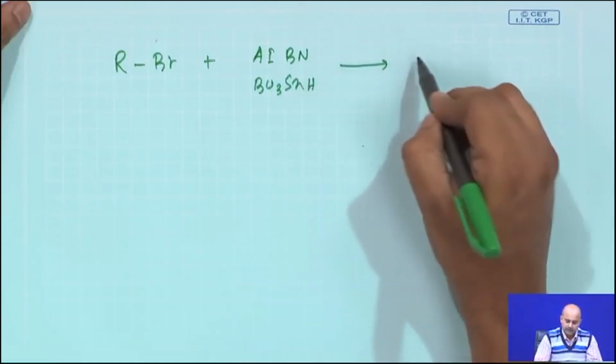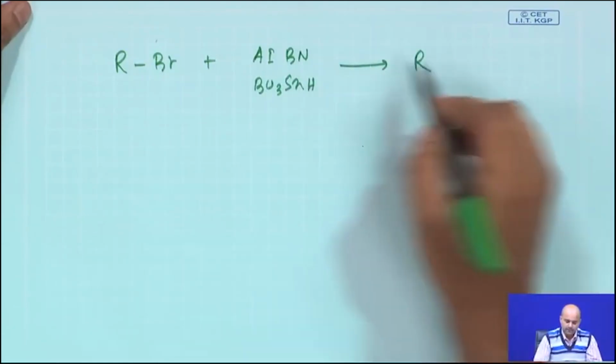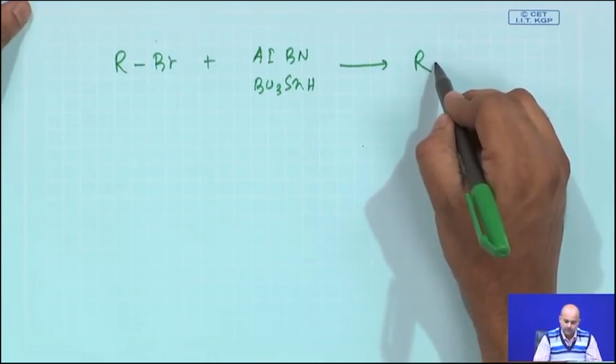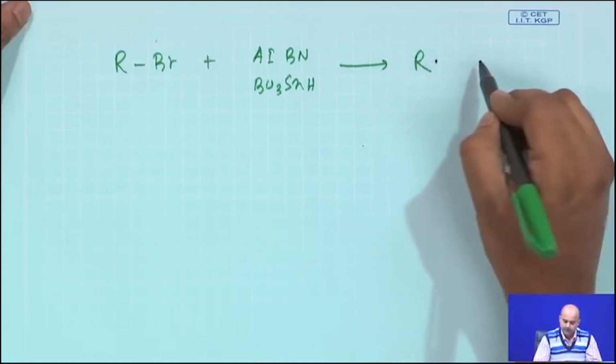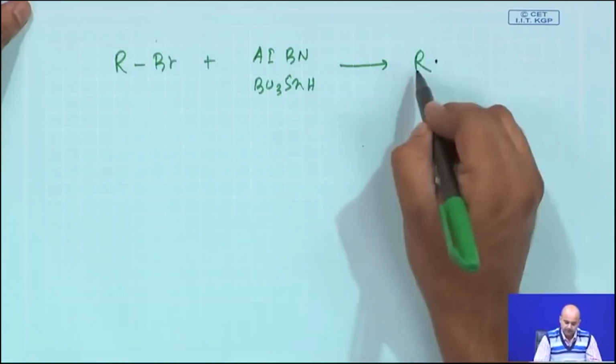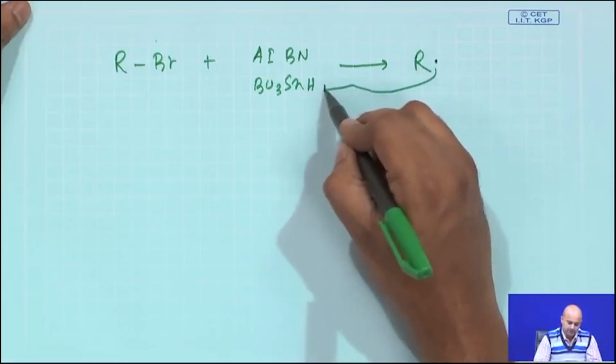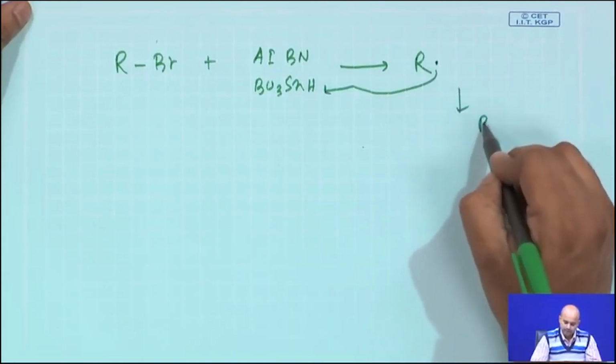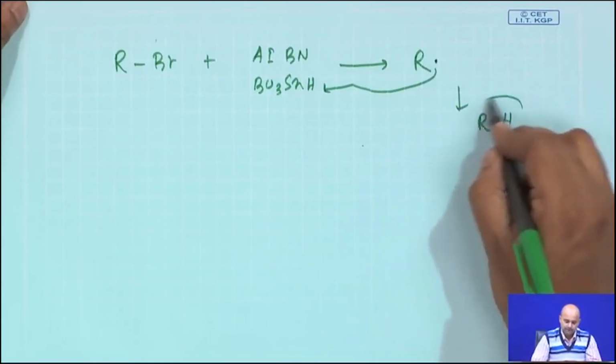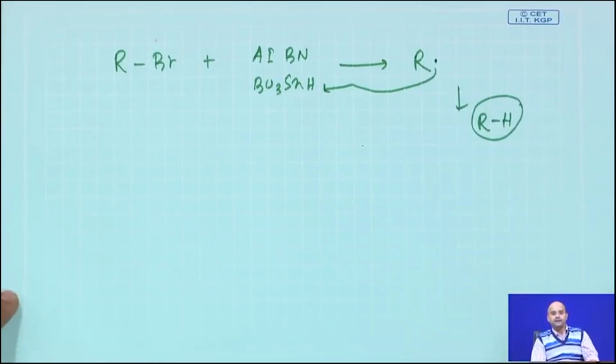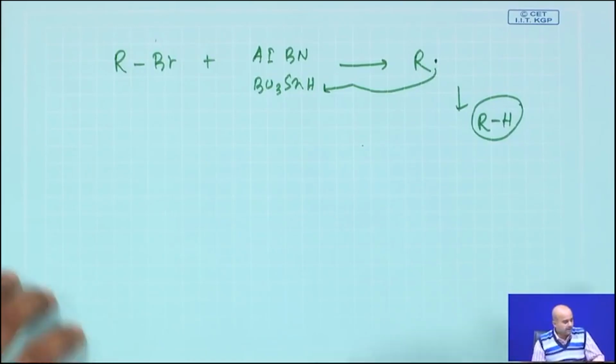You can also get a similar carbon-bromine bond cleavage. You get an R dot radical, and then it abstracts a hydrogen from Bu3SnH to give you RH. This kind of radical mediated deoxygenation, particularly the Barton-McCombie reaction, is one of the very well known reactions, and it was explored in synthetic organic chemistry for many years.